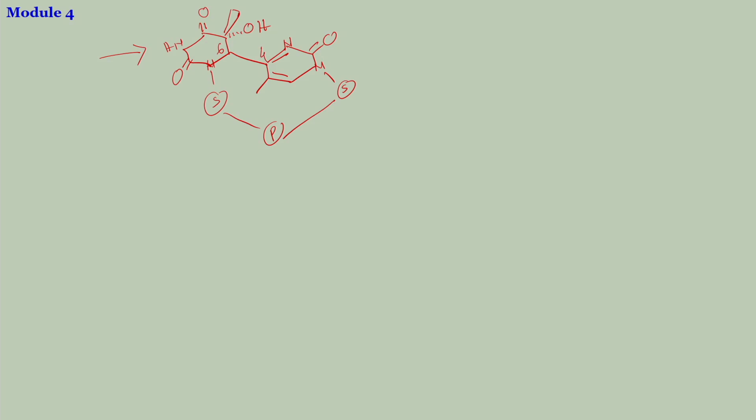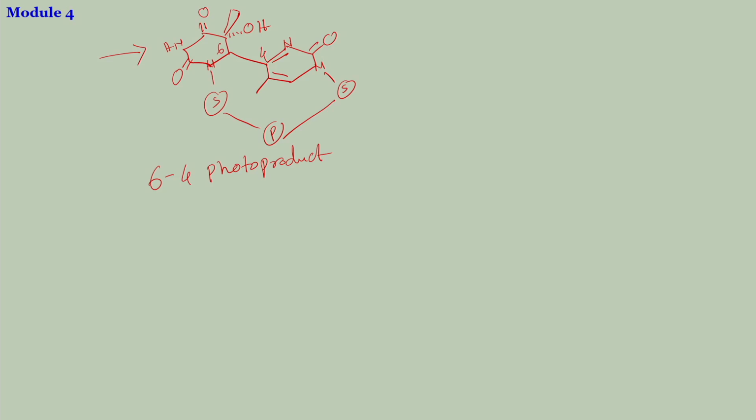So, this product is known as the 6-4 photoproduct. So, now you can see how the structure got changed totally from an individual thymine. Upon the reaction with UV radiation, you have a completely different kind of structure now.